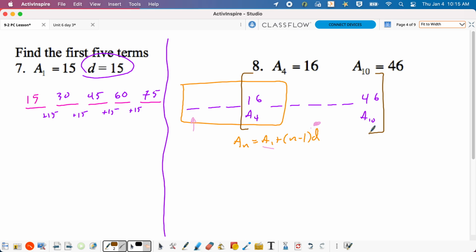So what I'm going to say now is my first term is 16. So I have a first term. My nth term, 1, 2, 3, 4, 5, 6, 7, my 7th term is 46. Now I have a number of terms also, because now I'm dealing with 7 instead of 10. So now I have what I need to find my difference.